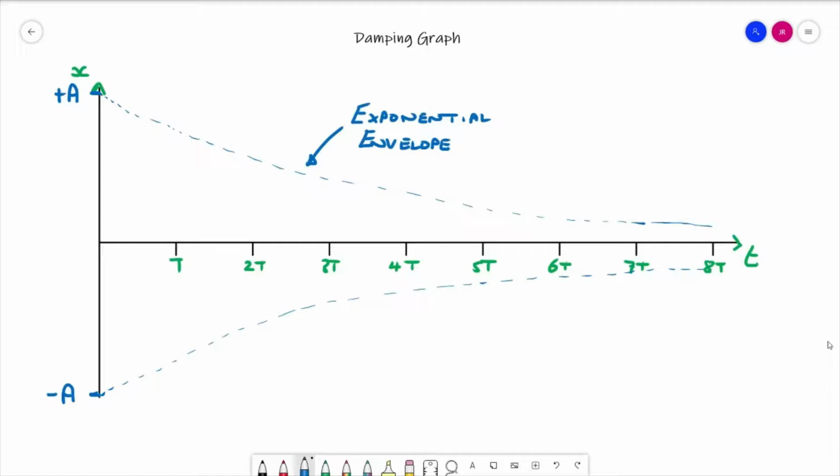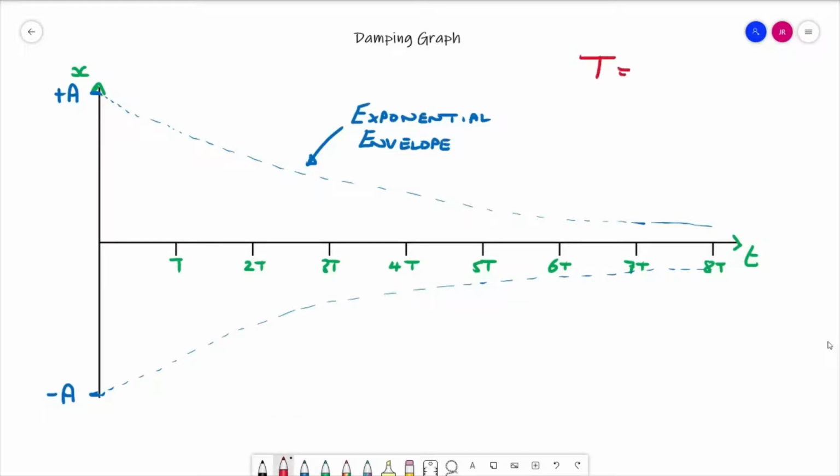Now, the exponential envelope is very similar to the envelope that we had when we looked at waves, and especially when we looked at the double slit pattern for waves and for interference. In other words, the system will still oscillate, but the displacement from the equilibrium position will never go outside that envelope.